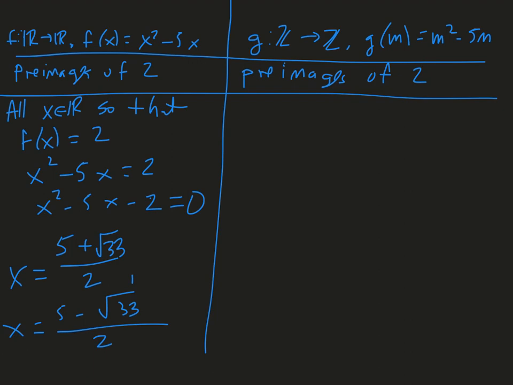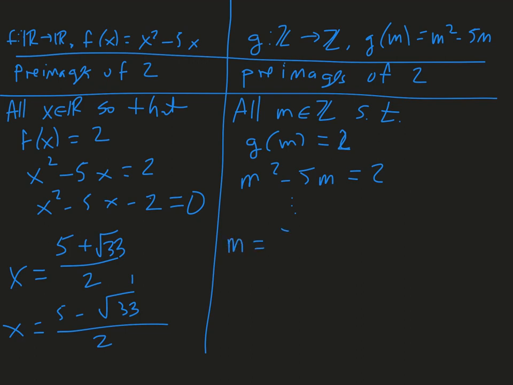So if I'm looking for all m in Z such that g of m equals 2, if I try to play the same kind of game, m squared minus 5m equals 2, I'm going to get that m has to be of the form 5 plus or minus root 33 over 2.